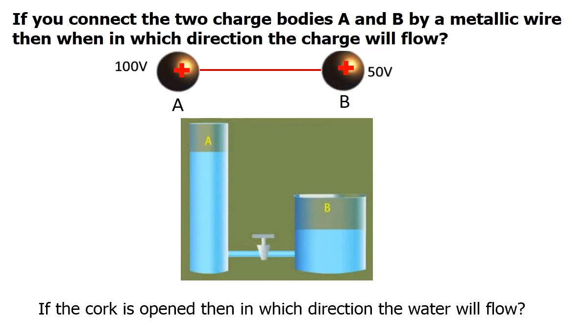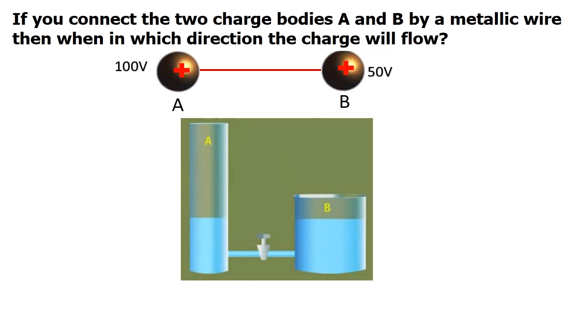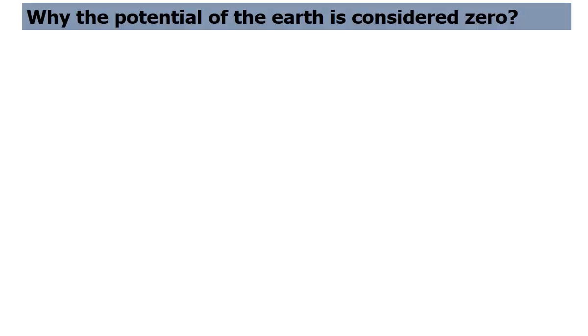In that case, cylinder A has more potential than cylinder B. Let us see in which direction the water will flow. You can see here, from A water will flow to B, and how long will the water flow? When the water levels of the two cylinders become equal, at that time the water flow will stop.